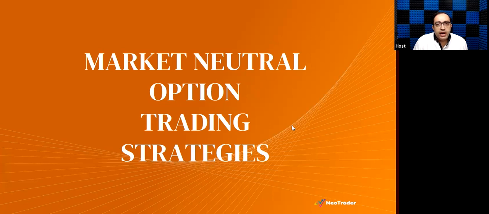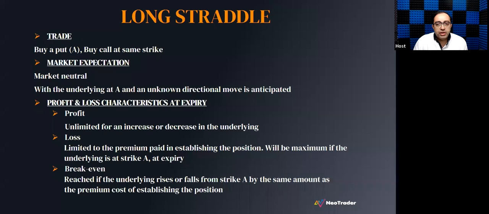In that, one strategy called long straddle is something many people execute. When you do a long straddle, you are expecting some big move to occur. Yes, कोई move हो सकता है, but you do not know the direction.